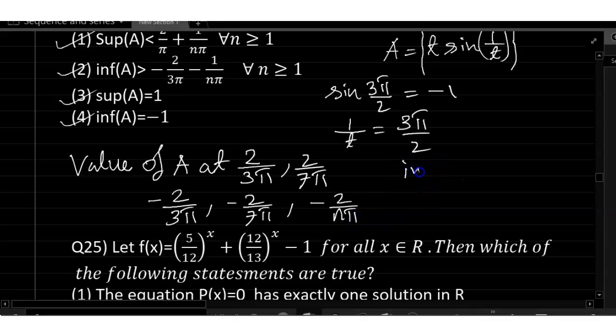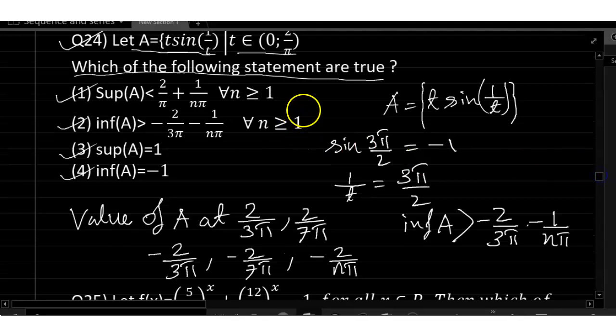So the infimum of A is less than minus 2 divided by 3 pi, minus 1/(n pi). So this option is correct.